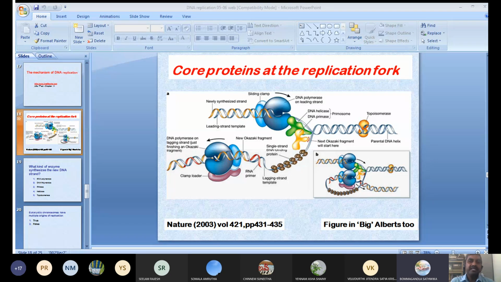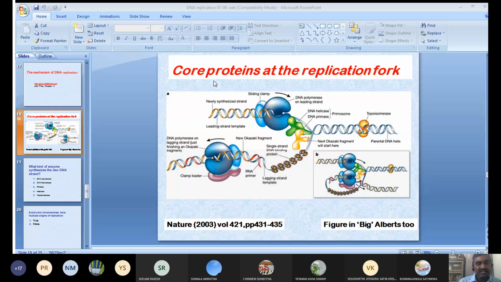Okay, so in the replication fork, there are different types of molecules which can be attached here. You can see DNA polymerase on the lagging strand, and then you can also see the newly synthesized strand here, and the leading strand here. You see the leading strand is getting synthesized, and the newly synthesized strand is here, right?